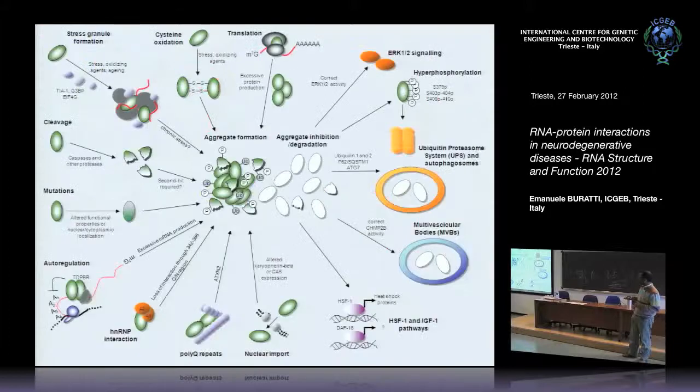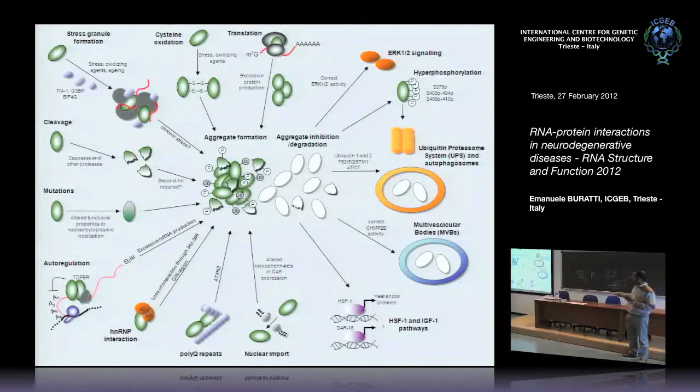As I said before, one of the characteristics of the disease is that this protein, which is normally present in the nucleus and can shuttle from the nucleus to the cytoplasm, is found specifically in the aggregates of the patients, which are either cytoplasmic or nuclear.